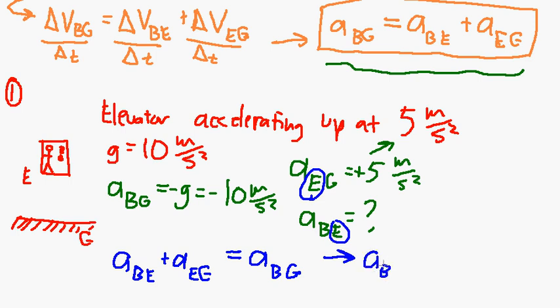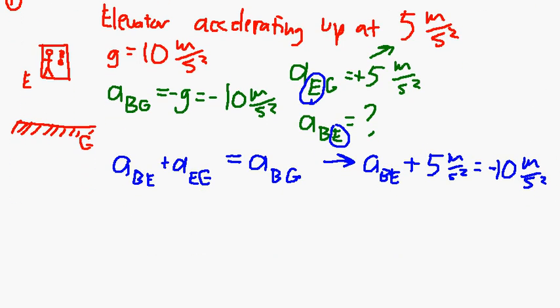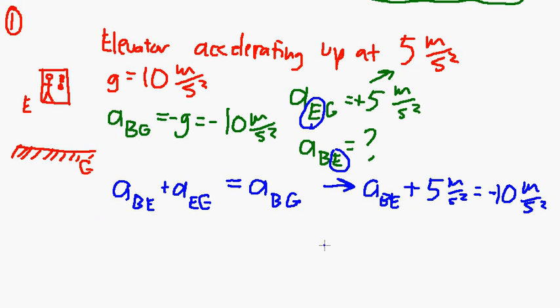ABE plus acceleration of elevator with respect to ground, which we have right here, plus 5 meters per second squared, equals acceleration of the ball with respect to the ground, negative 10 meters per second squared. And what that gets us is that the acceleration of the ball with respect to the elevator is going to equal negative 15 meters per second squared.